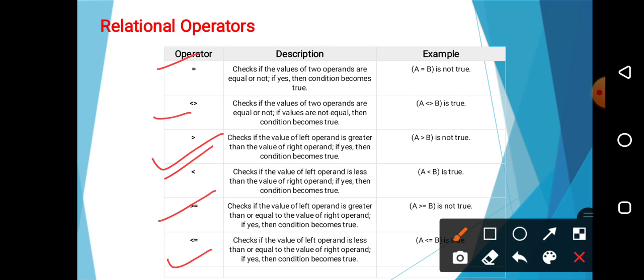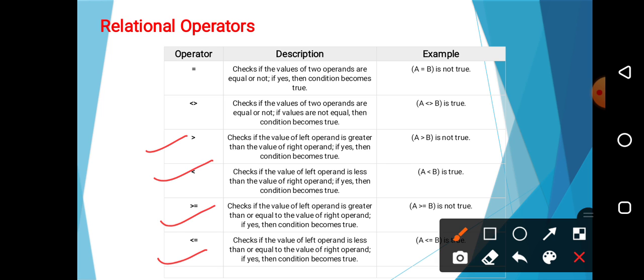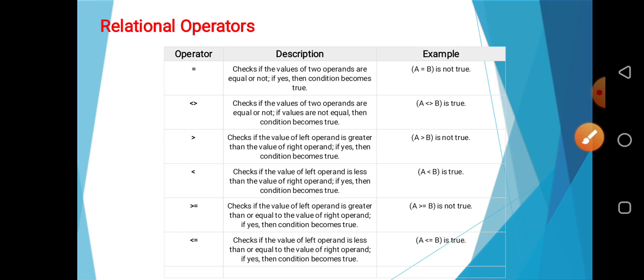You have already learned these things in C++. The greater than sign is used to check whether one operand is greater than the other or not. Less than checks whether it is less than the other. Then greater than or equal to, and less than or equal to. So this is all about the relational operator.